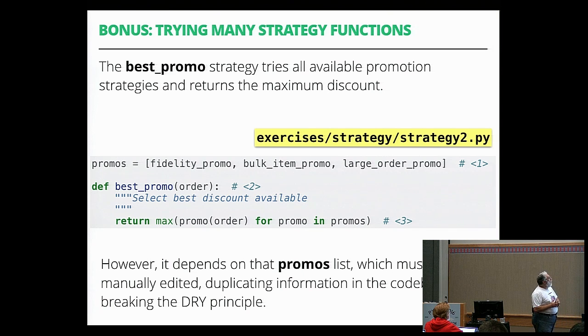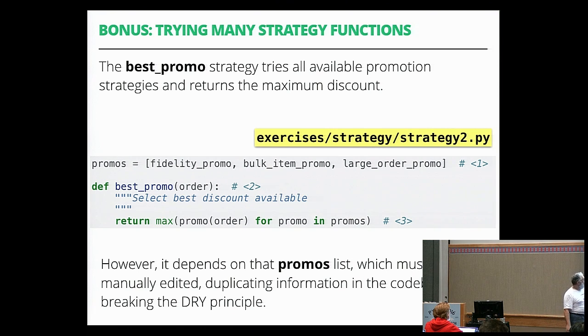So one simple way of doing it, the code is there, but it's just an addition of this to the code, to the solution of your exercise there. So what I'm doing is I have this promos, which is a list of references to the promotional functions. And then the best promo, like the other promotions, takes an order as argument.